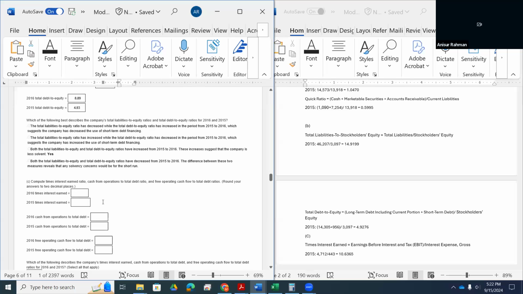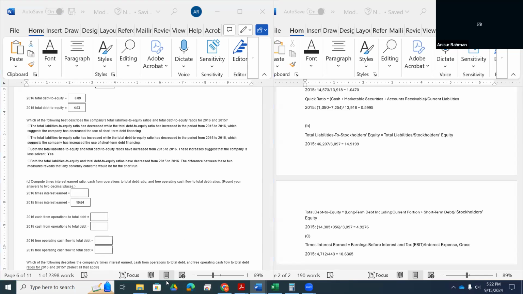Two decimal places, so it should be 10.64 for 2015. Following the same process, you should get 8.37 for 2016.